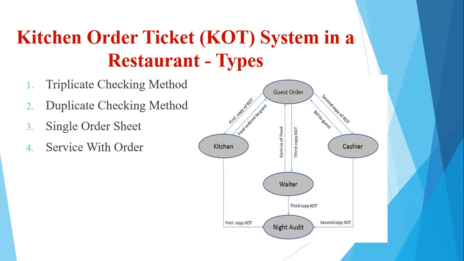And then we have a single order sheet, where this system is generally used in cafes or quick turnover restaurants, where to-go parcels are being given, or in departmental stores and takeaway establishments.